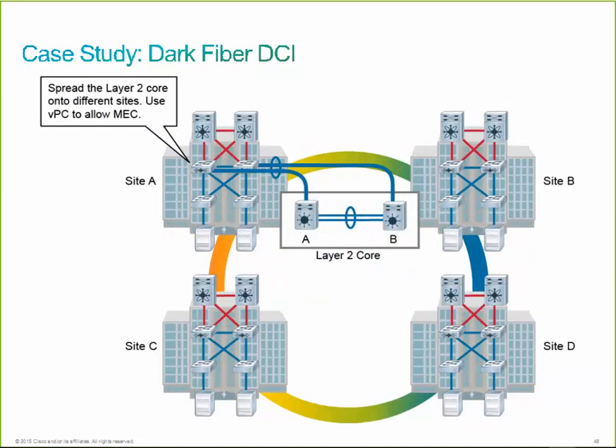And this is a critical design point, actually, because if we spread physical switches that comprise that layer 2 core into different remote sites, that's what's going to give us that high availability. And then we establish a logical point-to-point connection between those layer 2 core switches using the DWDM, and we bundle them together using a VPC or a VSS.